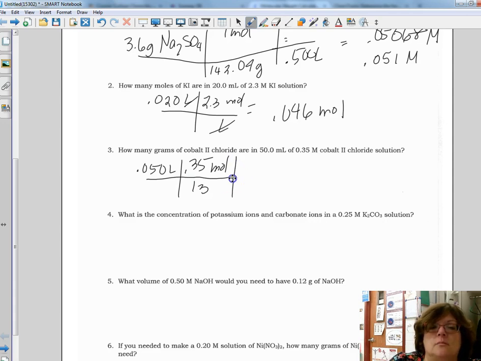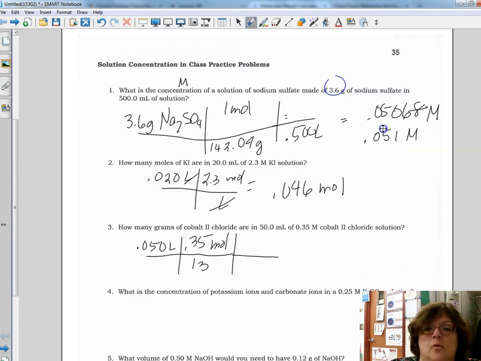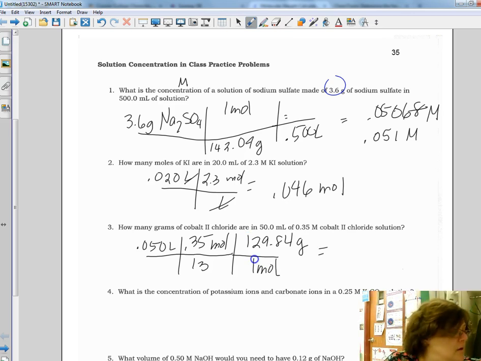Now we're going to go from moles to grams. We have to multiply by molar mass. Molar mass of cobalt-2 chloride is 129.84. We do the math, and we end up with 2.272 grams, which would round to 2.3 grams.